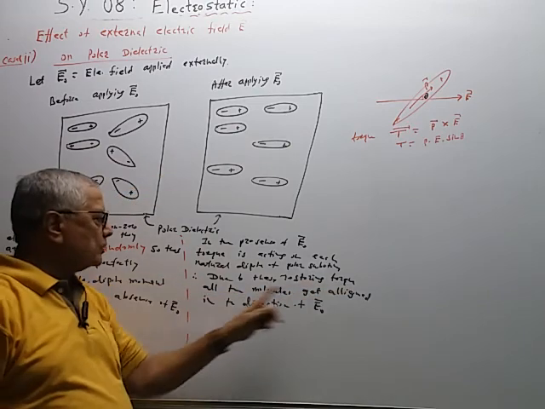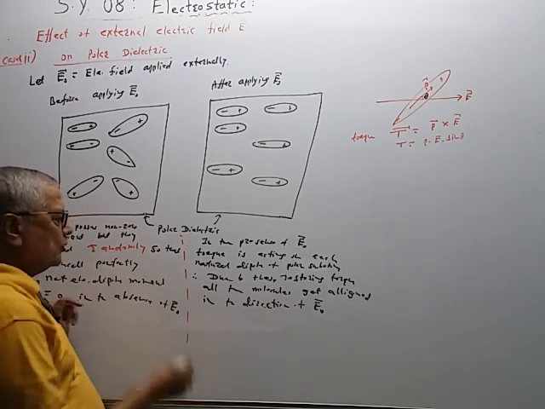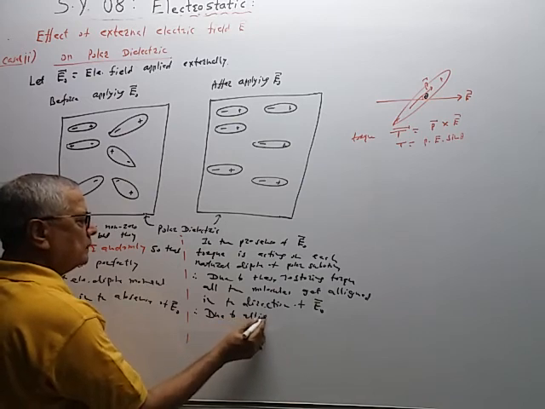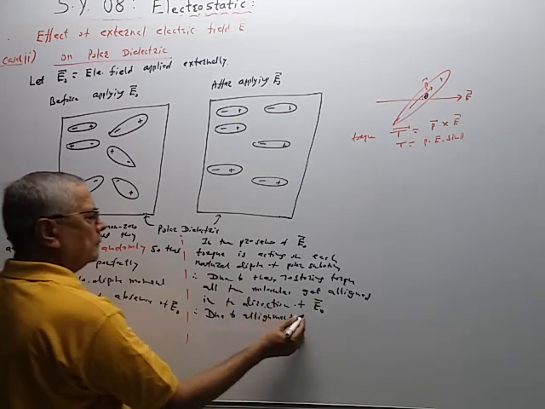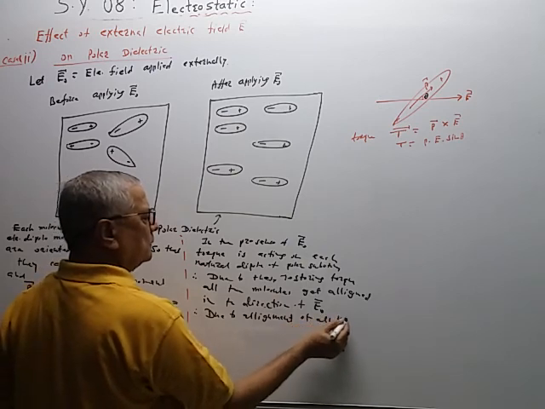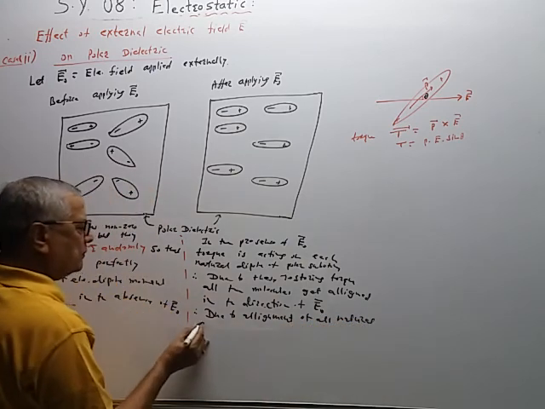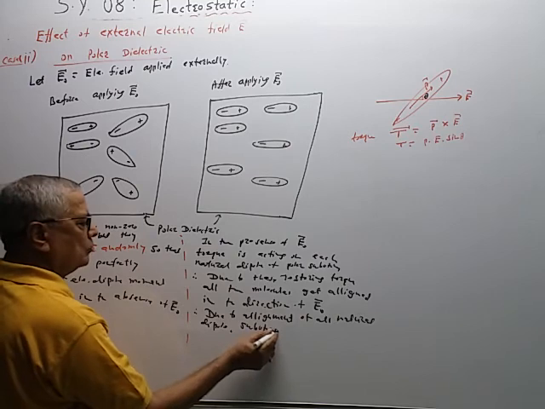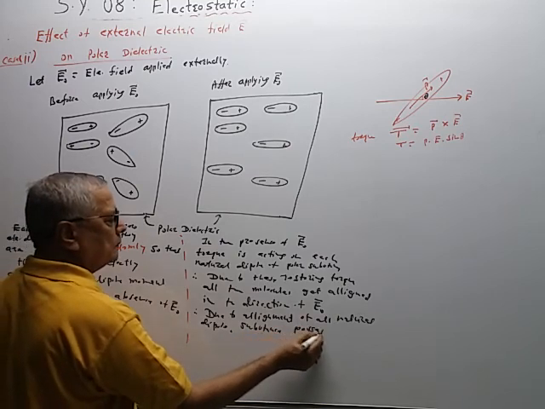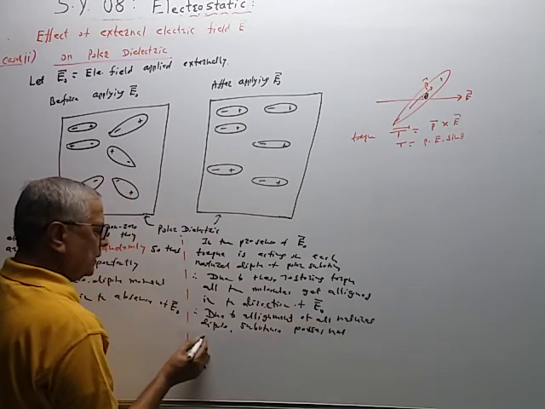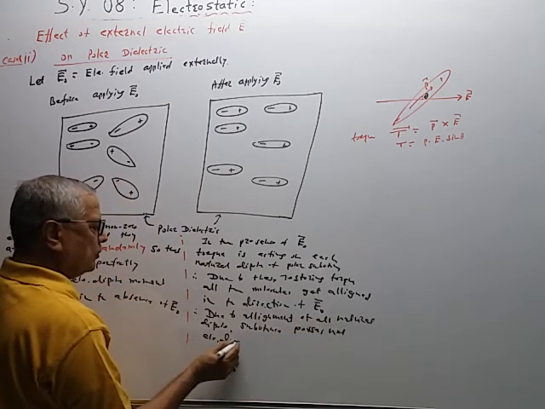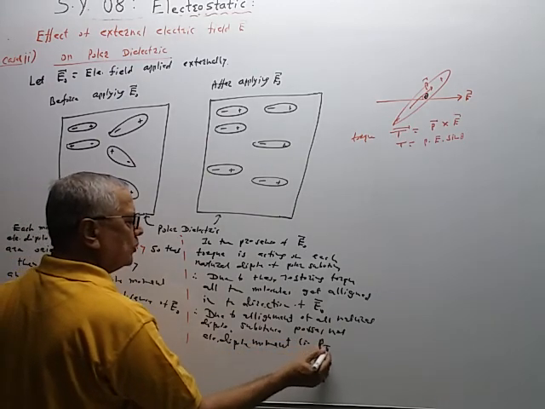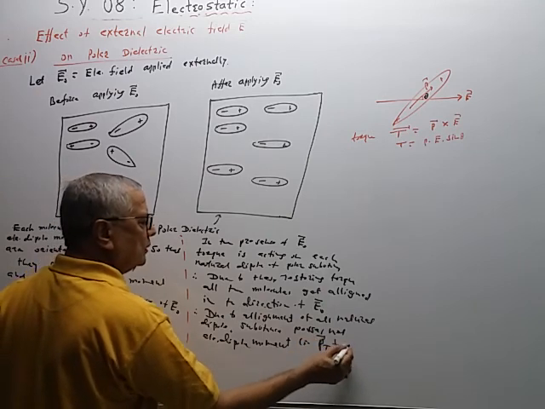So due to this restoring torque, all the molecules get aligned in the direction of E_0, and due to alignment of all natural dipoles, the substance possesses a net electric dipole moment, that is P total is not equal to 0.